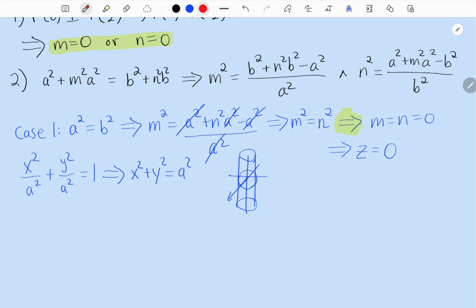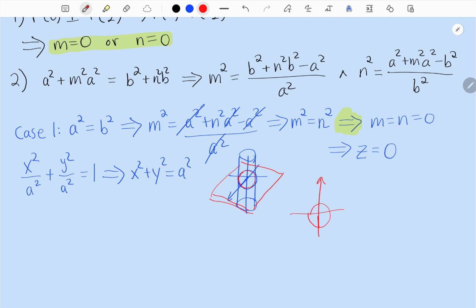Therefore, if you have a plane that passes through the origin and cuts through this cylinder, and the trace needs to be a circle, you can just let z equal 0. The z equals 0 plane is just the xy plane, and it's going to be a circle, okay?